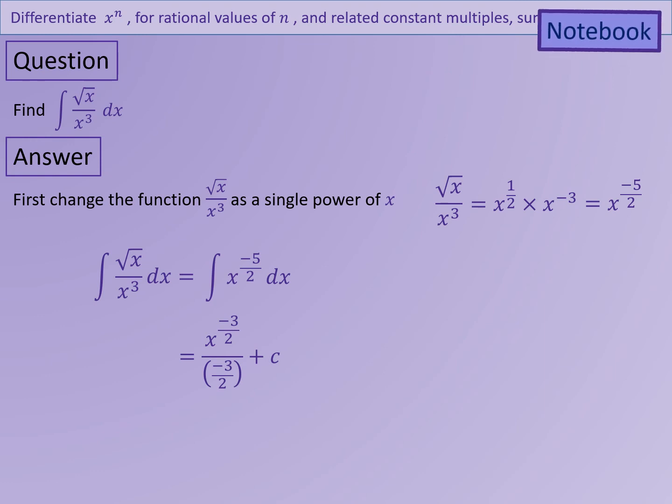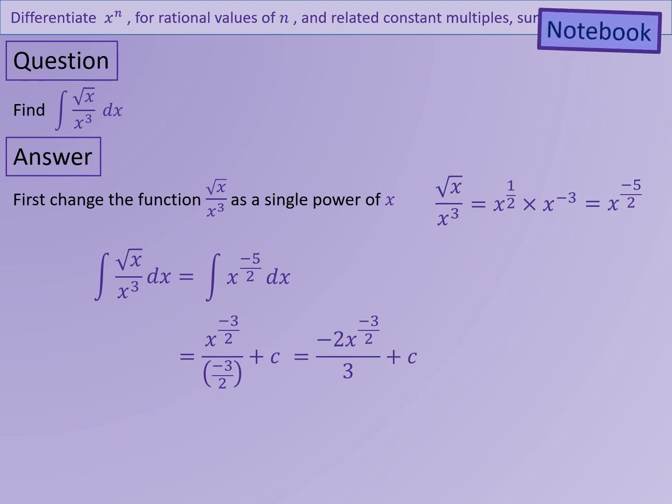So we learn at school that dividing by minus 3 over 2 is the same as multiplying by 2 over minus 3. So that's the first thing that I'm going to do to simplify this expression, which I've done here. So that's looking better. And again, this is a perfectly acceptable answer.